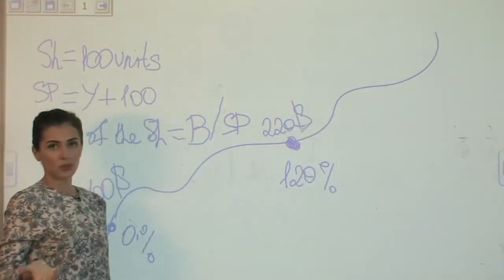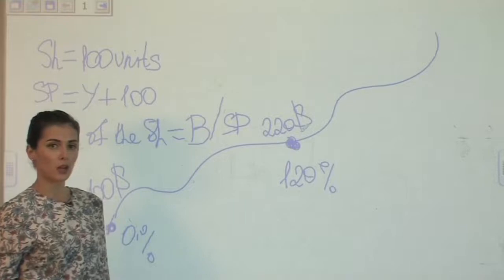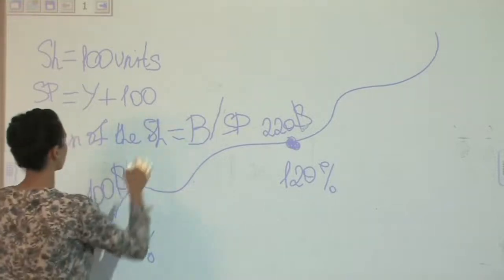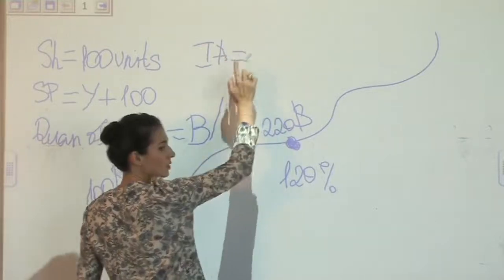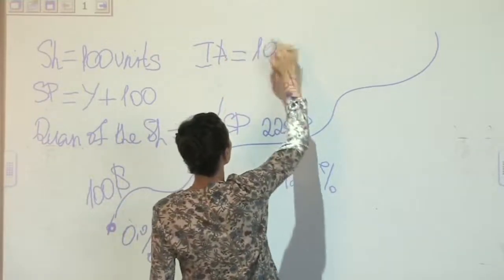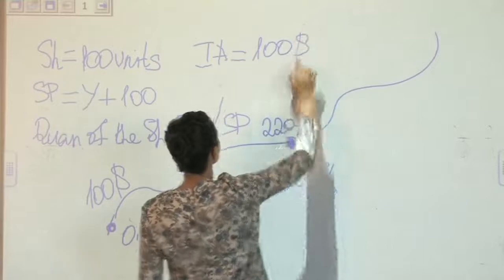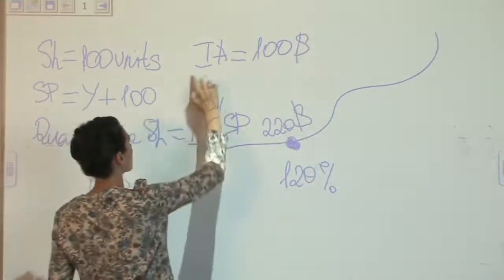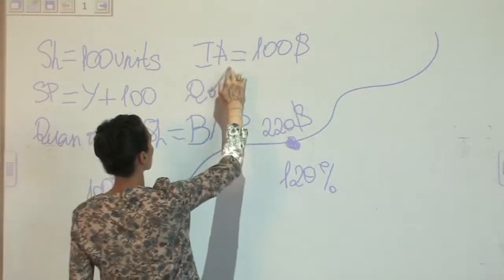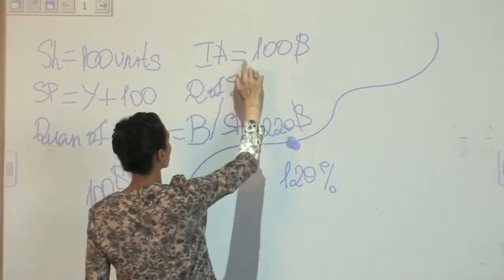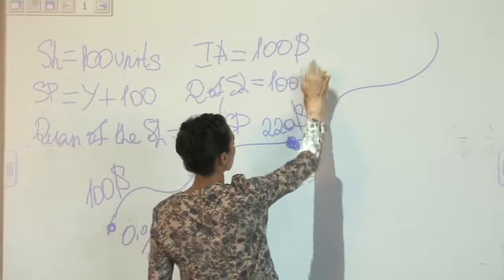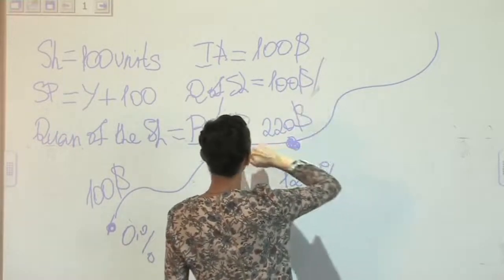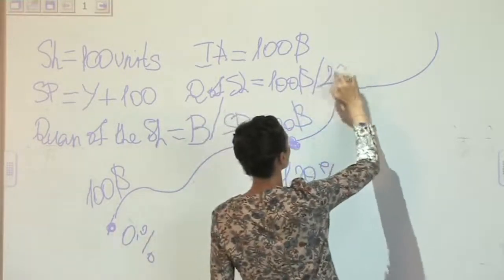For example, you deposit on your investment account $100. So the quantity of shares is equal to the balance divided by the share price, $220.